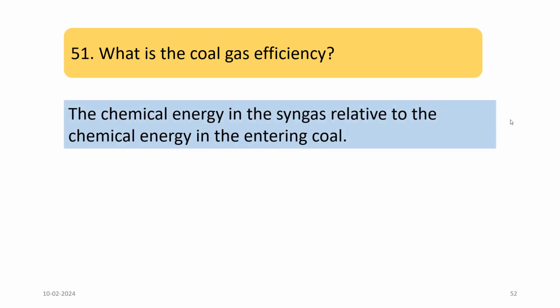So the answer is the ratio of chemical energy in the syngas production to the chemical energy of the given coal. Okay, so this is the general efficiency definition. The chemical energy required to produce the syngas and the chemical energy given through the entering coal.